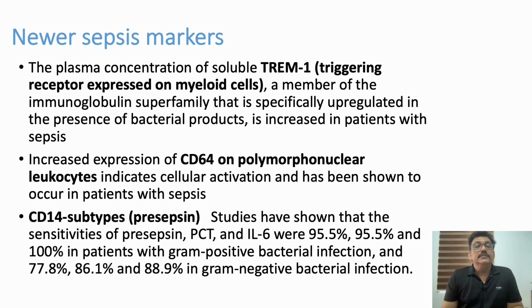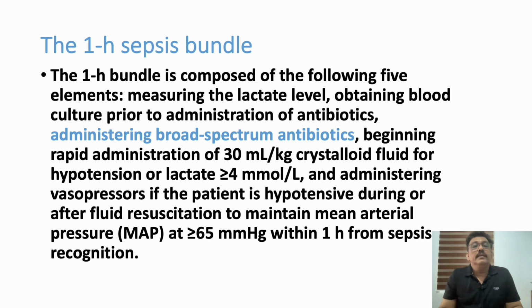Presepsin is available in some centers but not everywhere. Other interleukin levels we can also test in many infections. Interleukins are actually inflammatory markers. They will be elevated in many infections and inflammation, so interleukin can also be done in patients with sepsis.